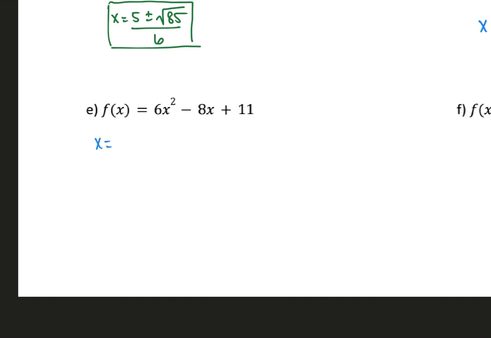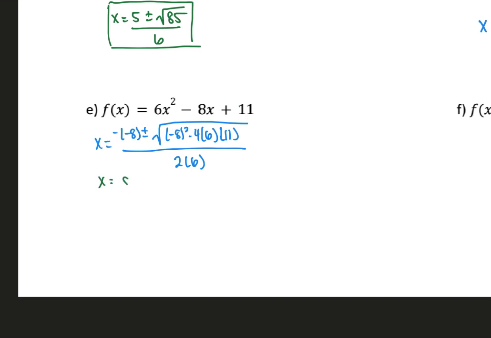So example E, we have negative b plus or minus the square root of b squared minus 4 times a times c all over 2 times a. So this simplifies down to 8 plus or minus the square root of negative 200 over 12.